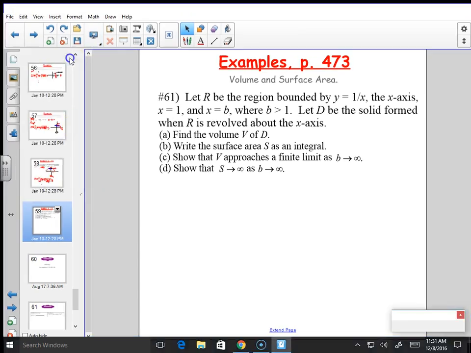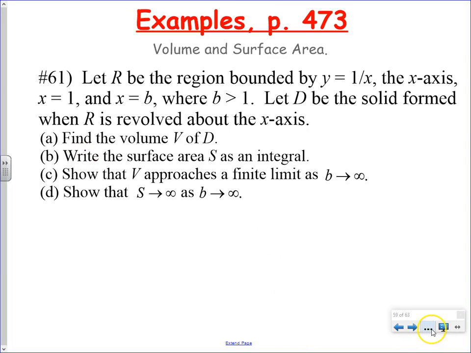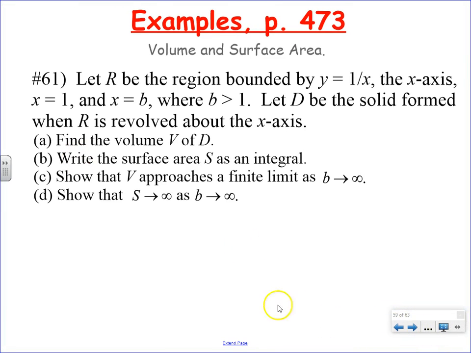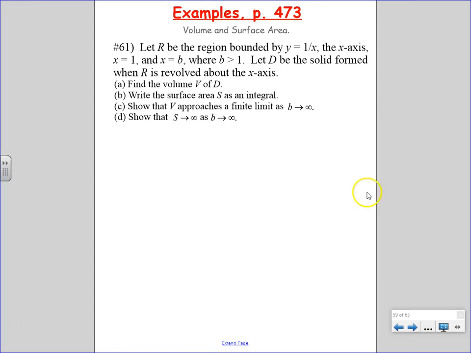Here we go. Let R be the region bounded by y equals 1 over x, the x-axis, x equals 1, and x equals b, where b is greater than 1. Let D be the solid formed when R is revolved about the x-axis. Find the volume. This is going to have us review everything.